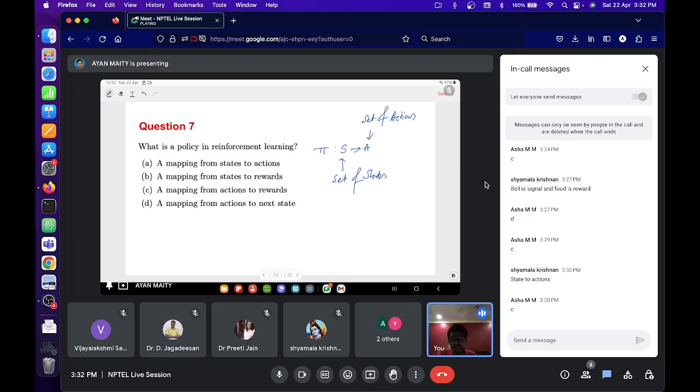So basically the objective in reinforcement learning is to learn the best policy by maximizing the total cumulative reward in an episode. So this is a mapping from states to actions. So if you have a state, small s, then pi of s is an action. So it is a function from states to actions. So option A is the correct answer.